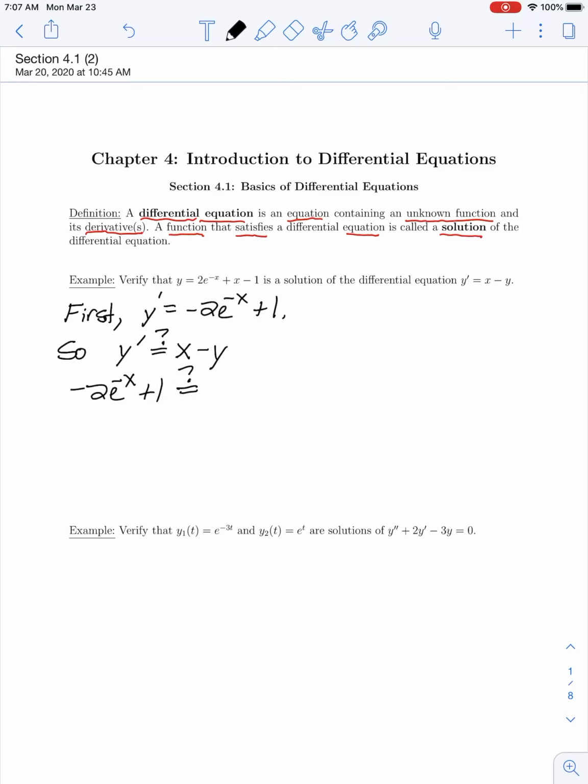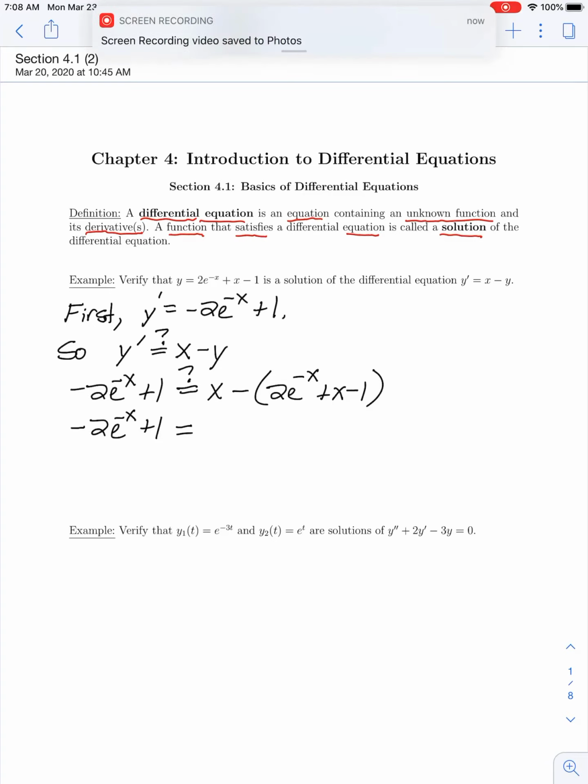And the question is whether or not that equals x minus y. Now, y in the problem statement is given as 2 e to the negative x plus x minus 1. So on our left-hand side, we have negative 2 e to the negative x plus 1. And we're asking whether that is equal to this right-hand side.